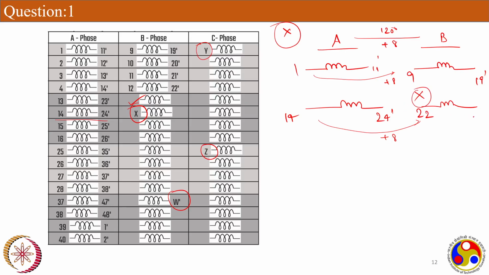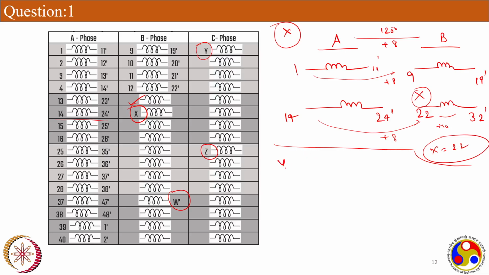Now what will this particular number be? The coil span is 150, so it sweeps around 10 slots. If you add 10 here, it's 32 dash. So x is equal to 22. I told you it's a very simple number game if you understand the logic.